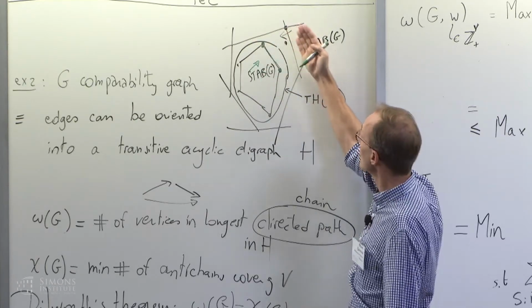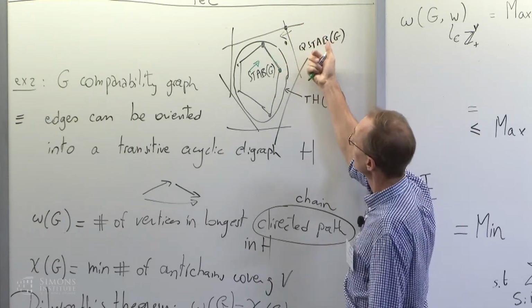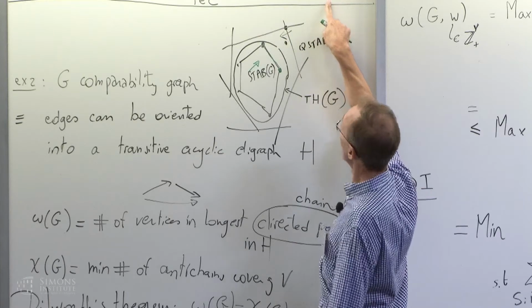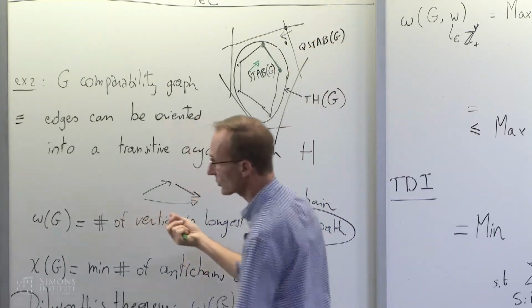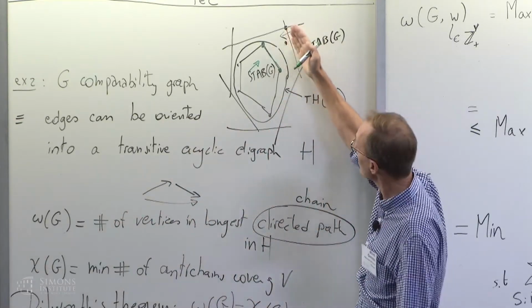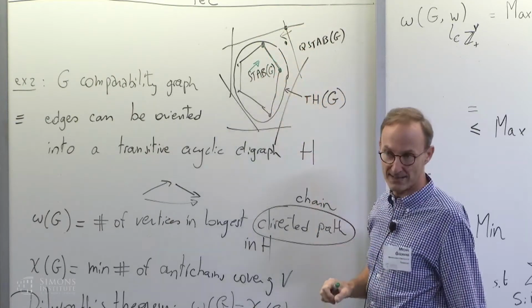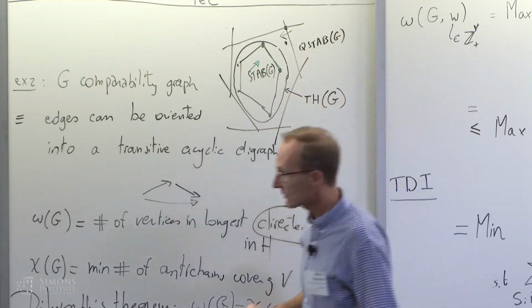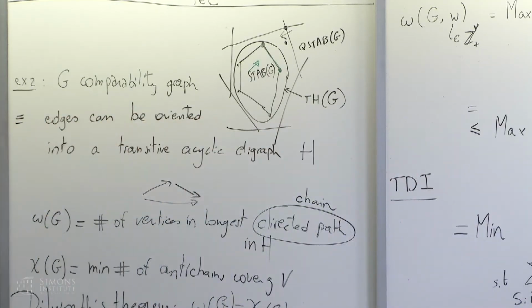Now, the dual solution will put weights on cliques. So let me take just one clique in that dual solution that has a positive weight. By complementary slackness, that clique intersects every maximum stable set.